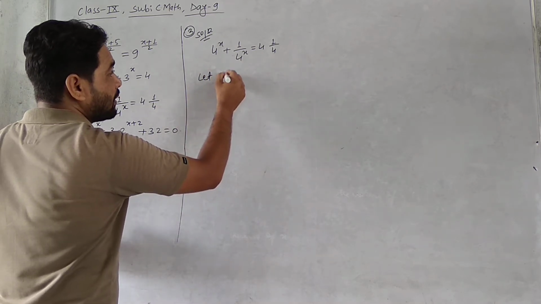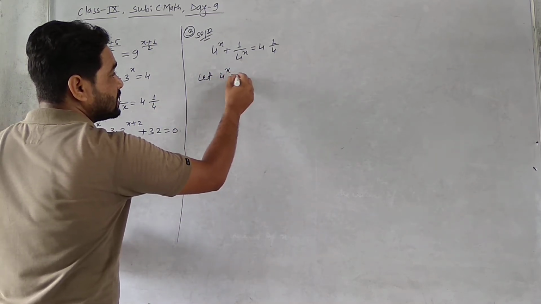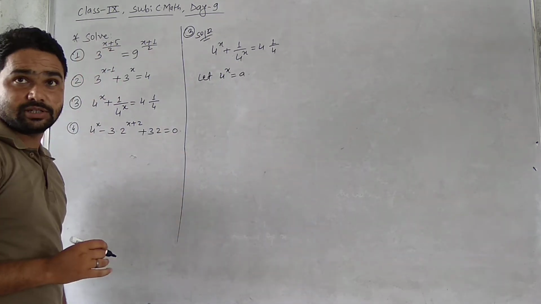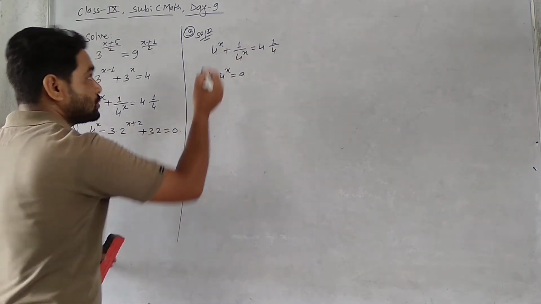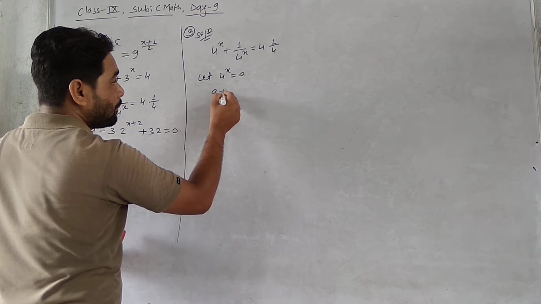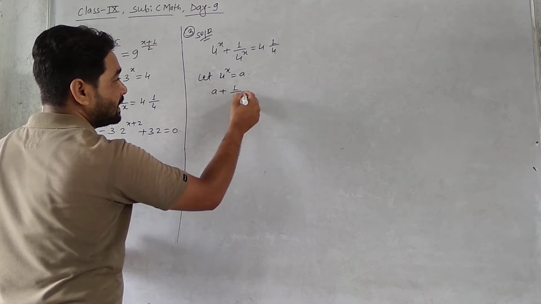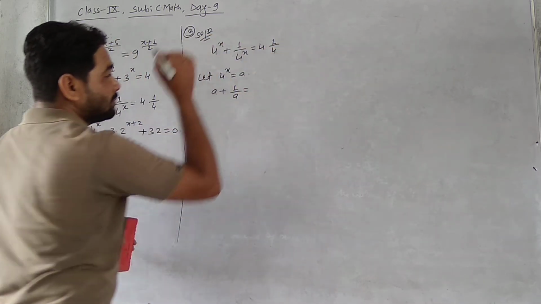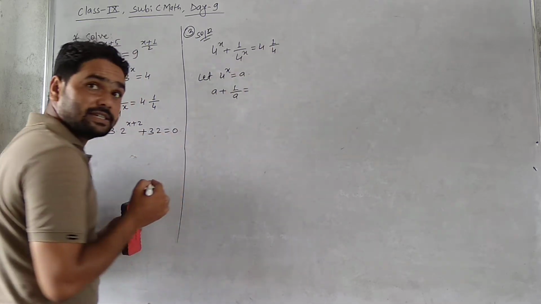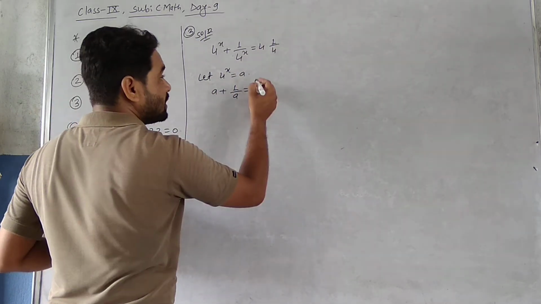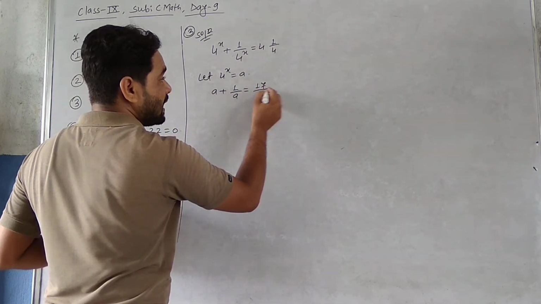So let 4 power x equals to a in this equation. In this, let's write a plus 1 upon a equals to, and let's simplify this. 4 4s are 16, 16 plus 1, we get 17 by 4.